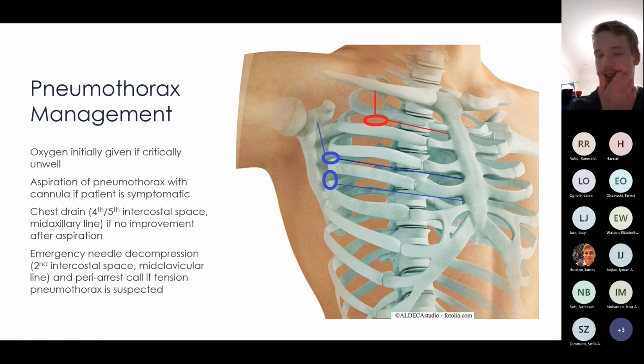So in terms of management for a pneumothorax, again, there's lots of guidelines, but what would be the main treatment for them? For a simple and for a tension, how would you normally treat them?